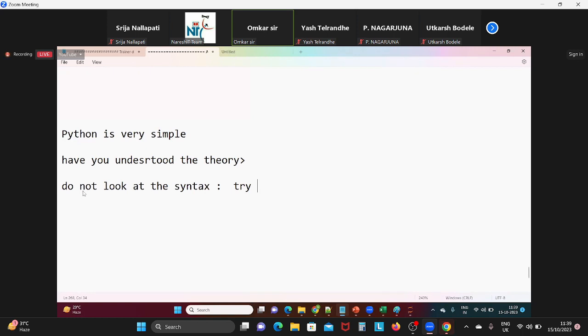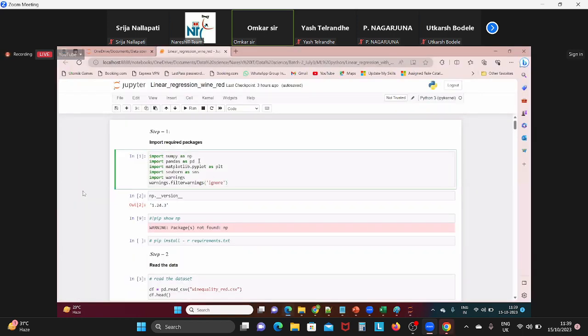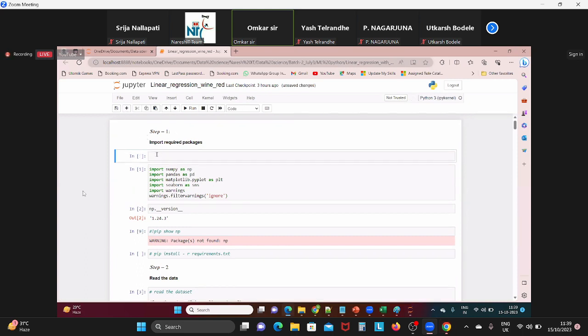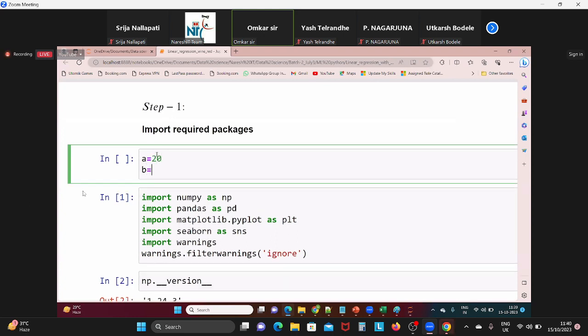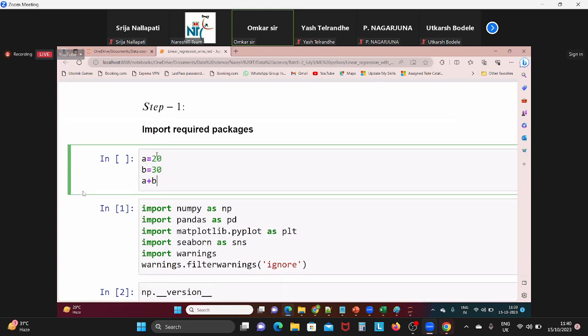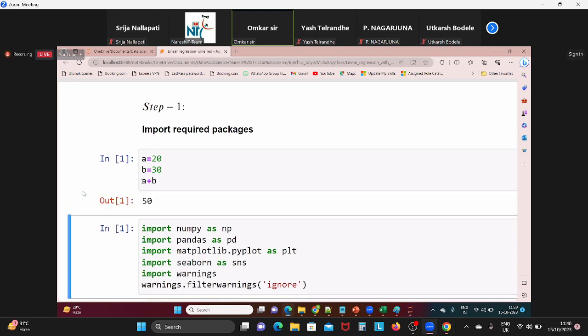Because I know people will panic when they see something at the start. But let's see here how easy Python is. If I want to add two numbers, A is equal to 20 and B is equal to 30, A plus B is equal to how much? 50. That much easy is Python.